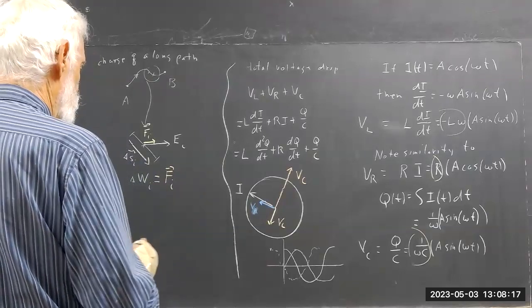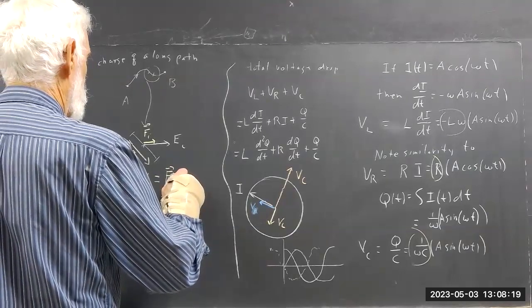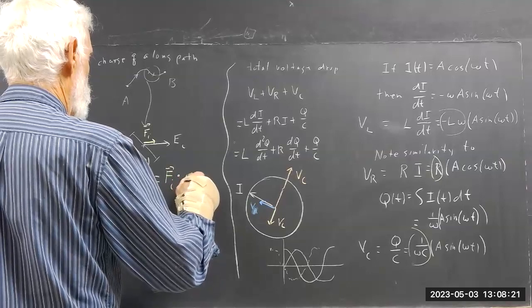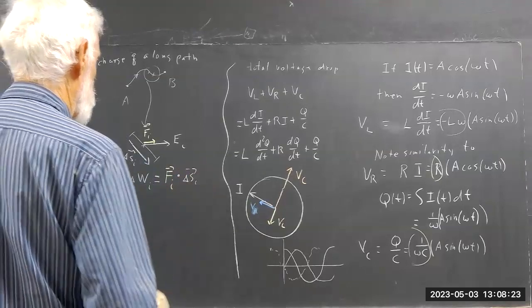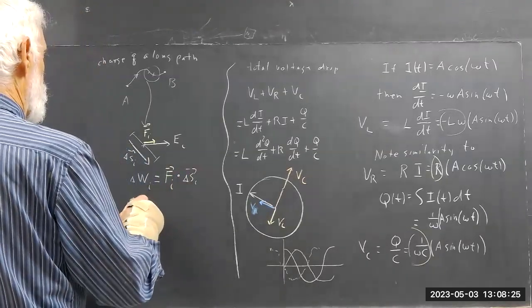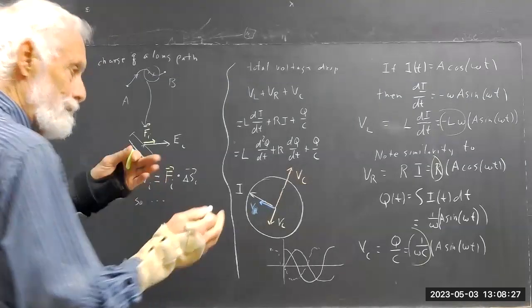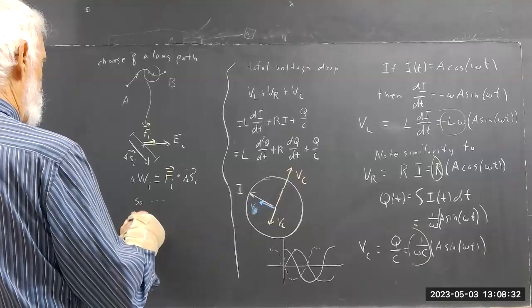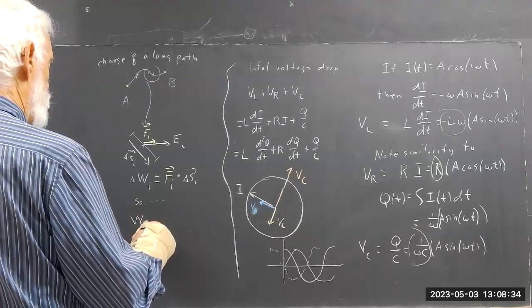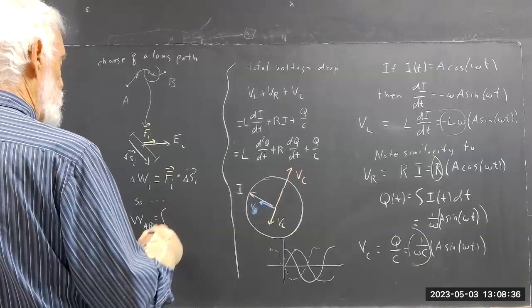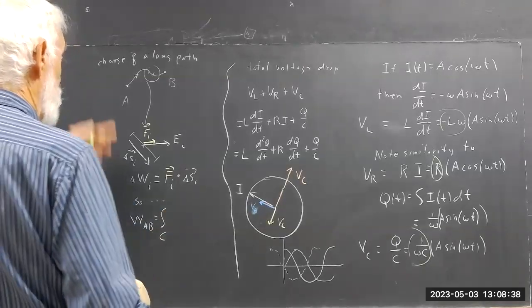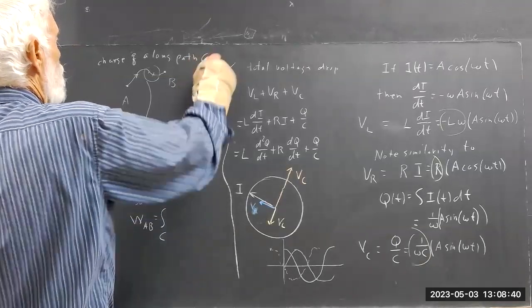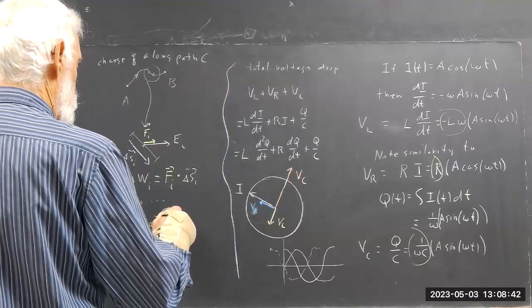So it's F sub i dot delta S sub i. So these steps and the work from A to B is the integral over the path C.